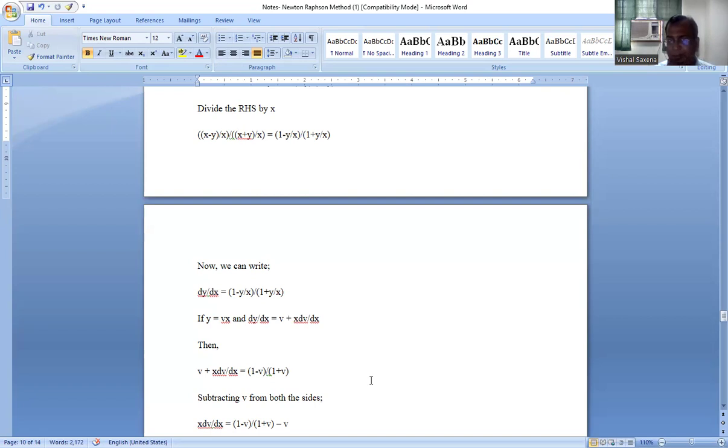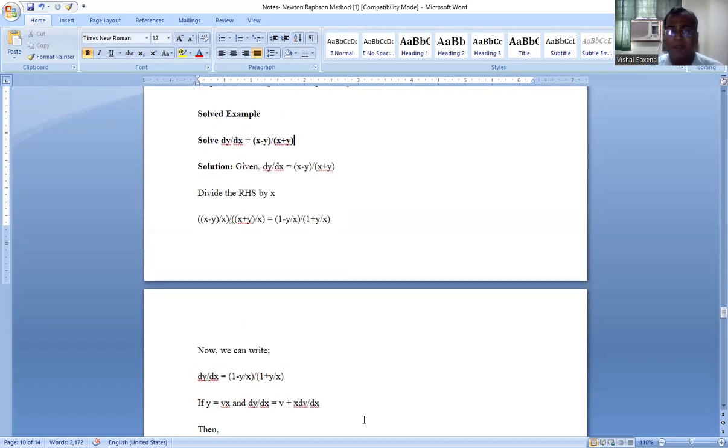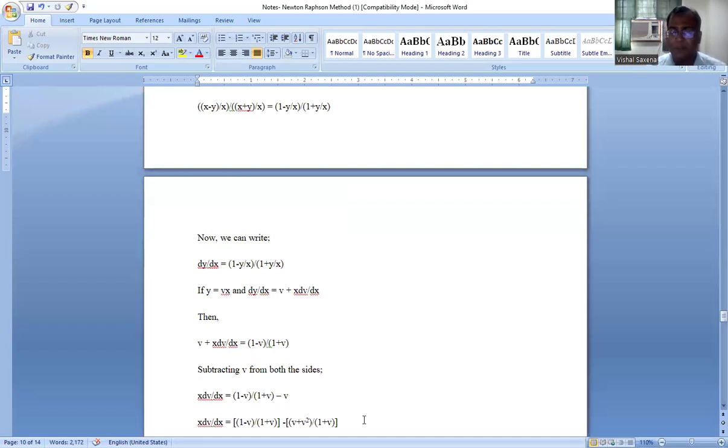Here we get v plus x into dv upon dx, and now we put this term y and dy by dx in the given equation. The given equation reduces to, look here, the left hand side term dy by dx becomes v plus x into dv by dx.